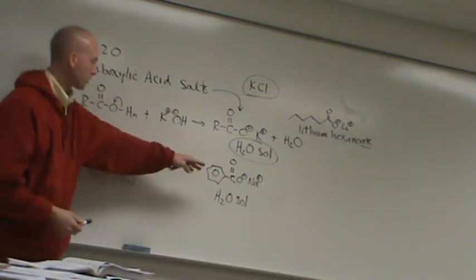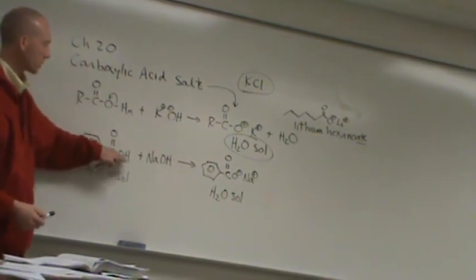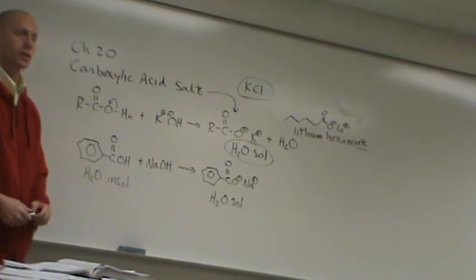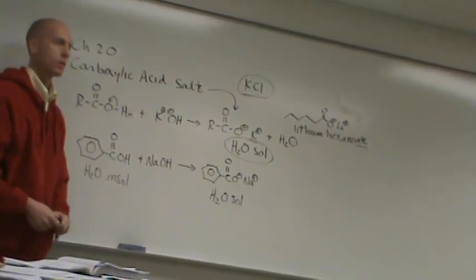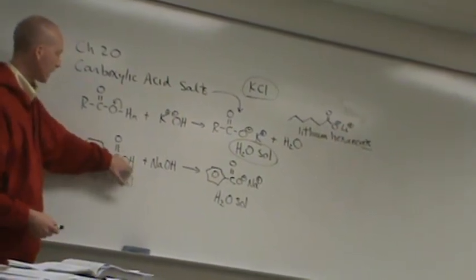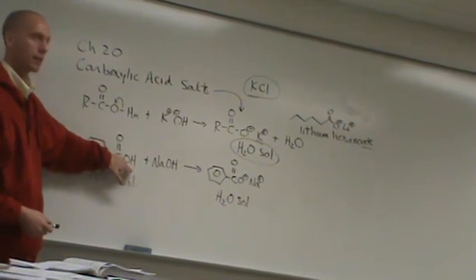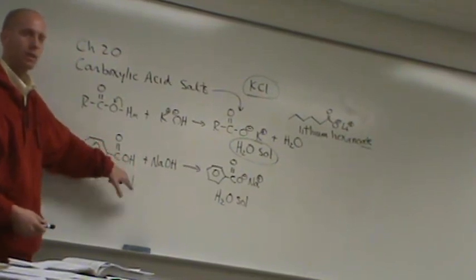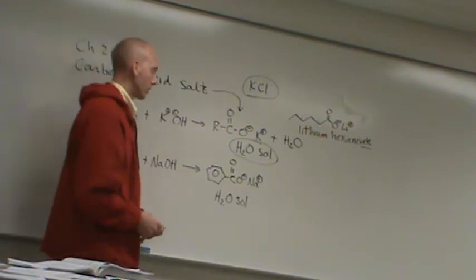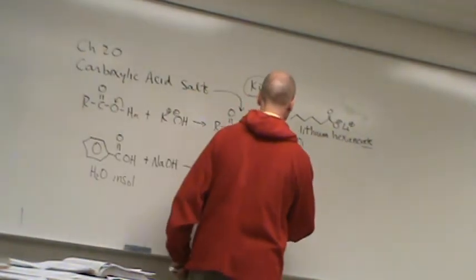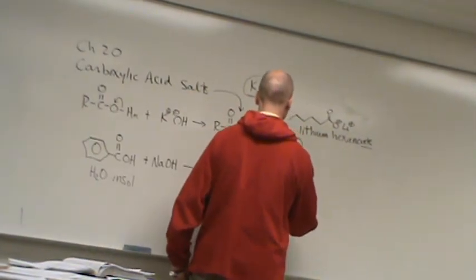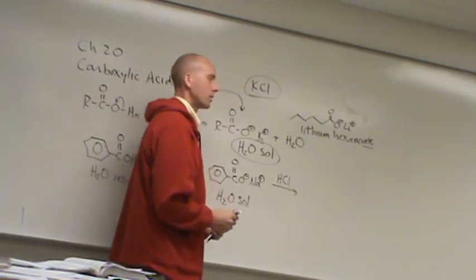Well, how could you get the carboxylic acid back? What would you have to add to that? I need to get a proton back. How could I give it a proton? Add an acid, something like HCl.